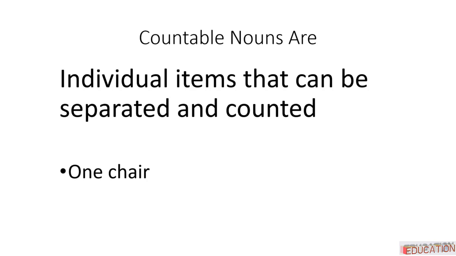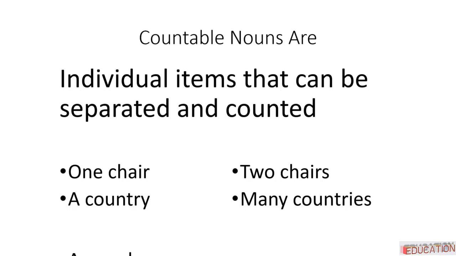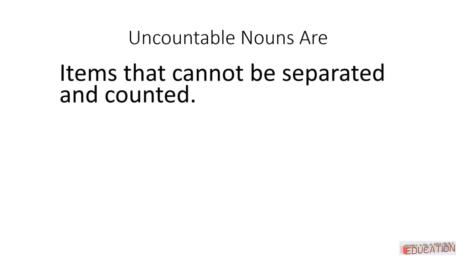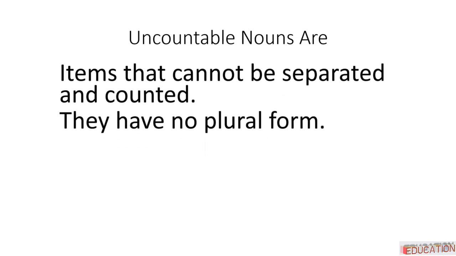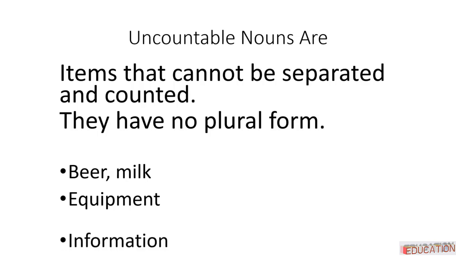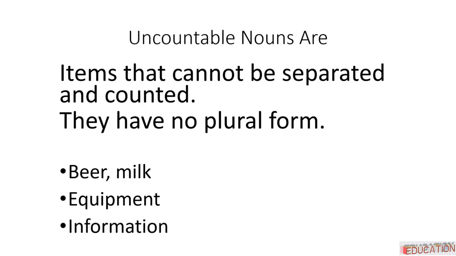So 1 chair, 2 chairs. A country, many countries. An apple, 12 apples. Uncountable nouns are items that cannot be separated and counted, and they have no plural form. For example, beer, milk, equipment, information.